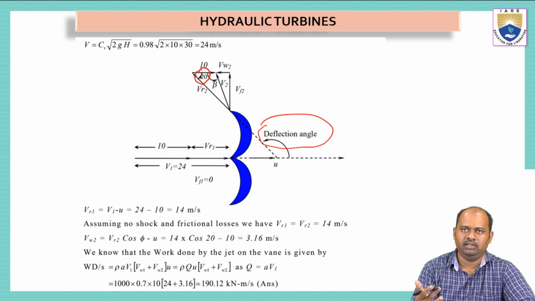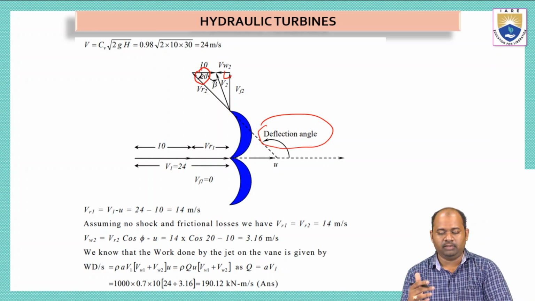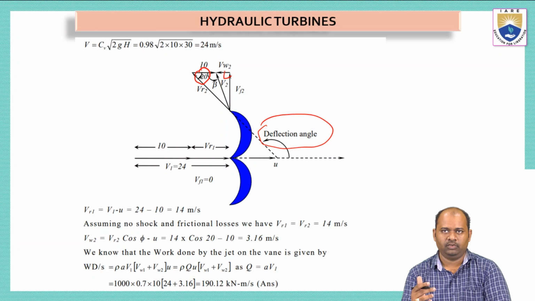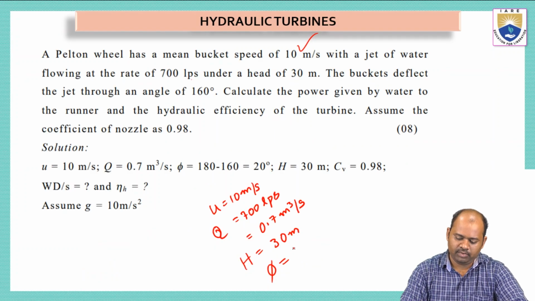Obviously it is less than 90 because it is a right angle triangle, and this side is always 90 degrees. This phi value will always be less than 90, and sometimes it is less than 40 only. Now, the deflection angle can be calculated by 180 minus 160, which will give you 20 degrees.